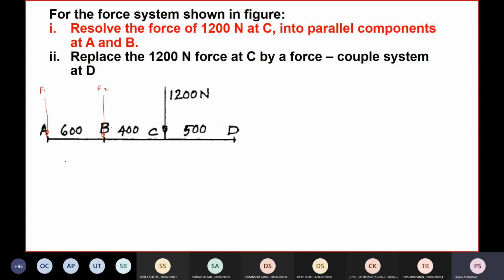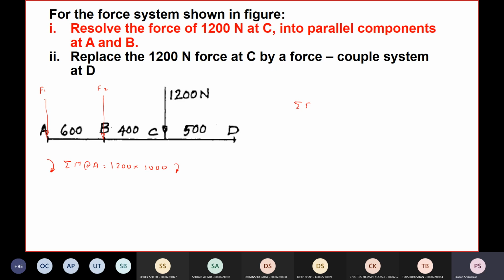So summation M about A for this original system is 1200 newtons into 1000. That is the moment, and it is in clockwise direction. So this is clockwise.